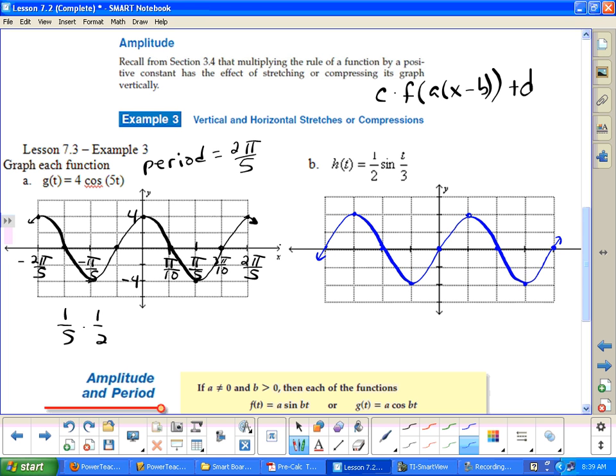All right, now, how high is it going to go and how far down is it going to go? What's our vertical information? 1/2, right? Because this is going to be compressed by 1/2. So I'm going up to positive 1/2 and down to negative 1/2. Right, that's where my max and mins are now. Okay, and what's the period in this case?